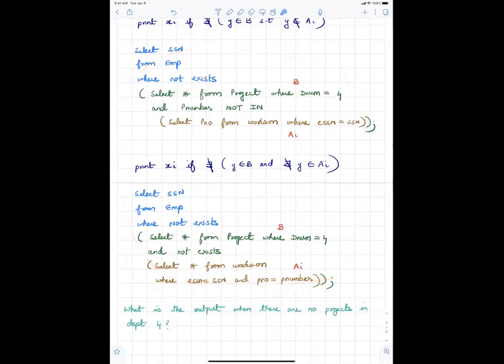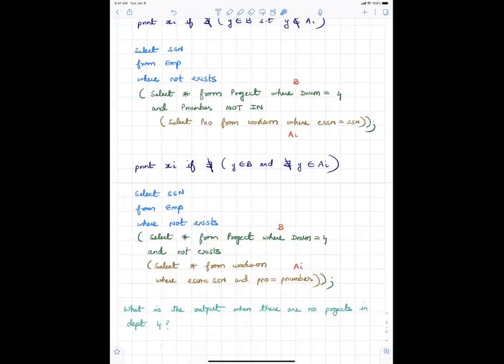So as an exercise, how would you write this query so that it satisfies the boundary condition? If there are no projects in department 4, the output should be empty. You should get a null set as the output, because there are no projects in department 4.